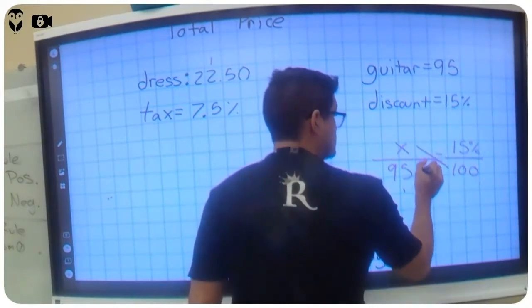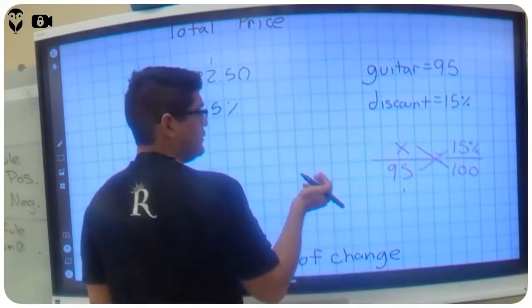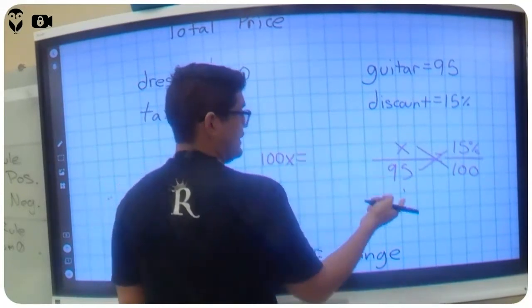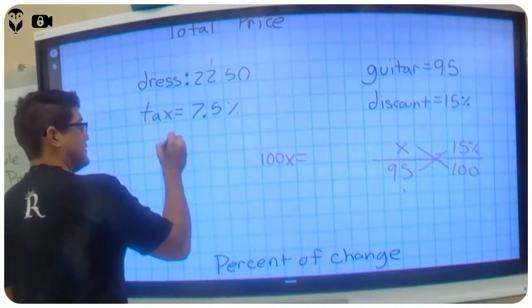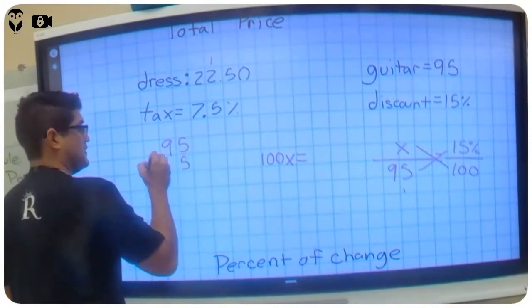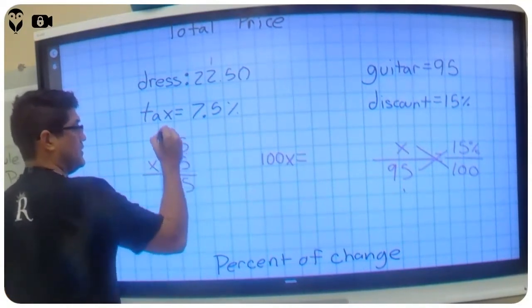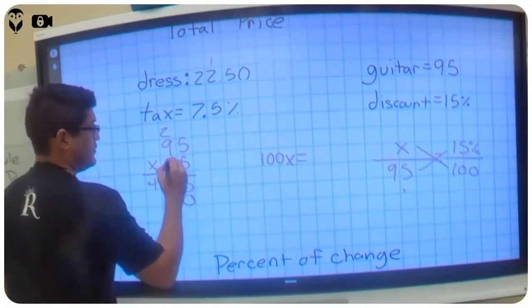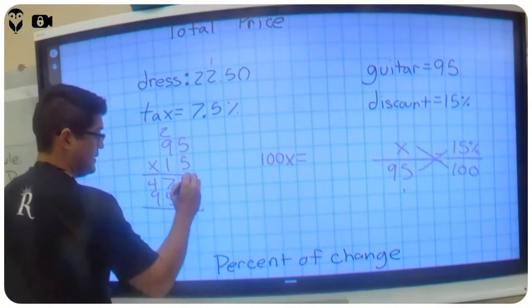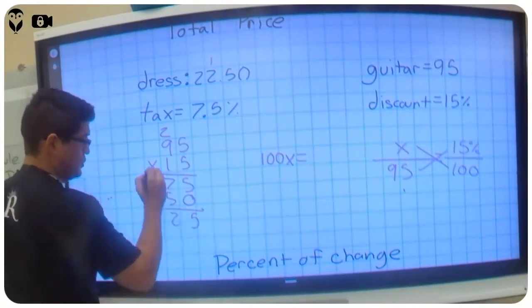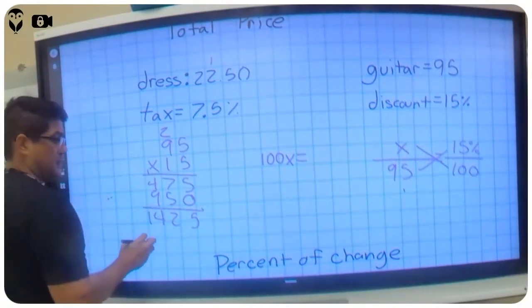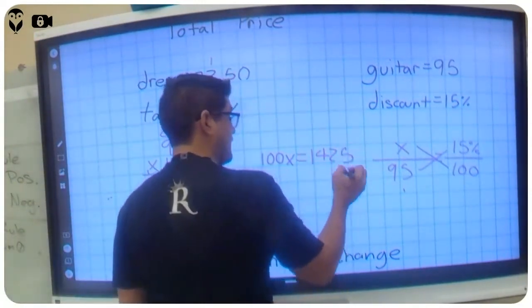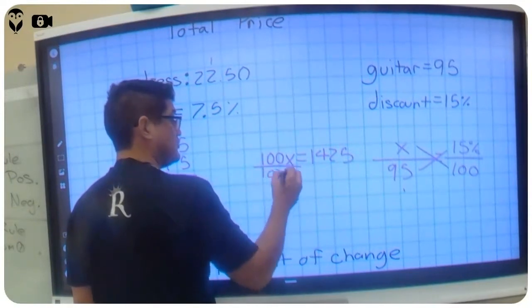Okay, so cross multiply. You figure out that it's 100x equals 95 times 15. 95 times 15 is 1,425.